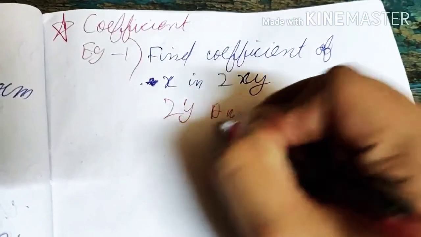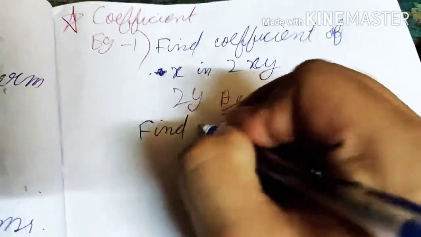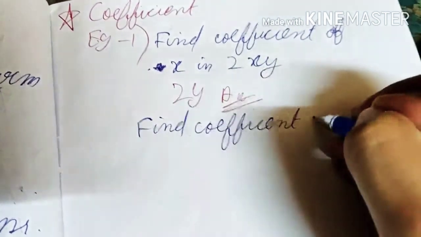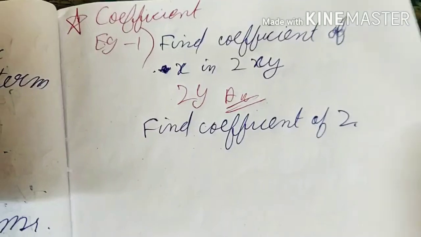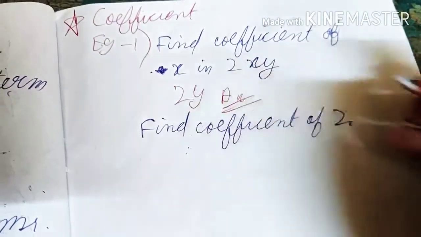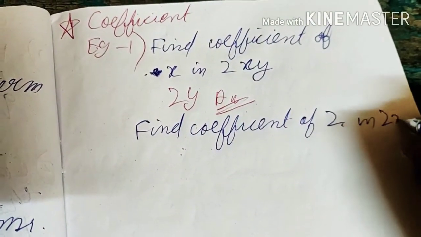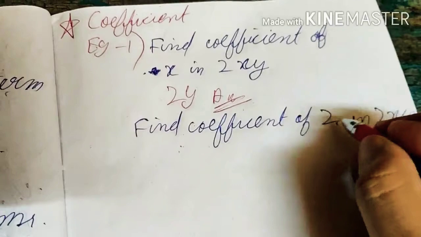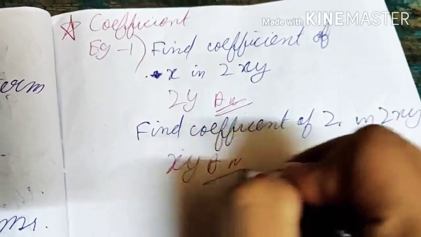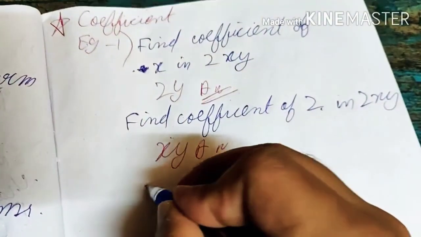This is the answer. Or if we say find coefficient of 2, this means we have to remove 2 from this term. Coefficient of 2 in 2xy. Again the same thing, we remove 2 from this, we are left with xy. This is our answer.